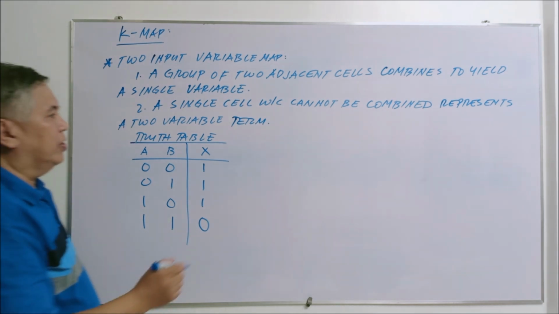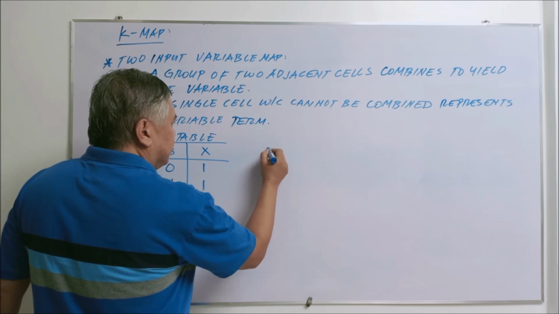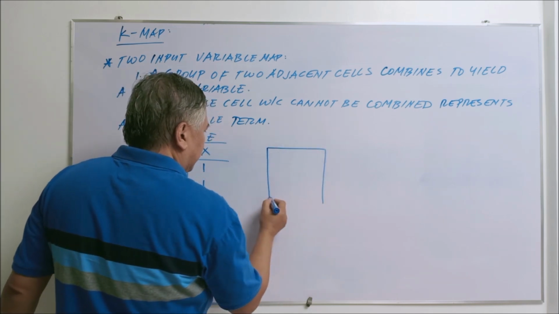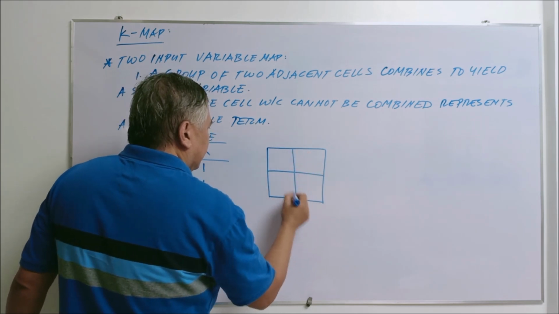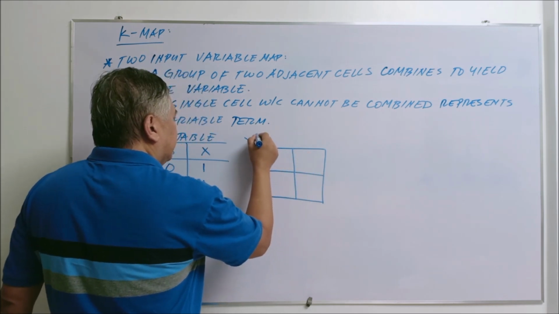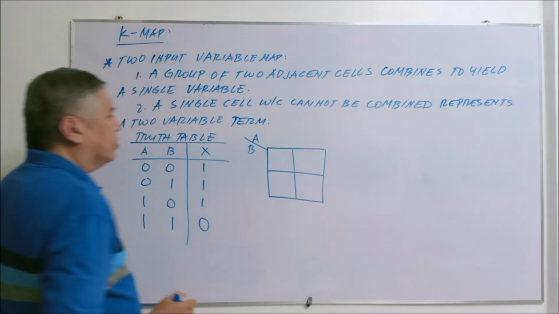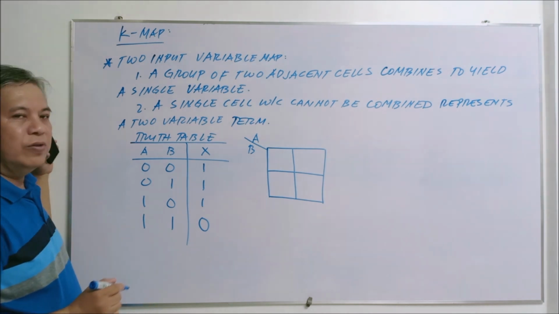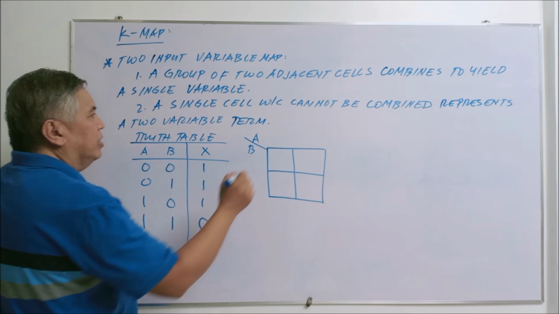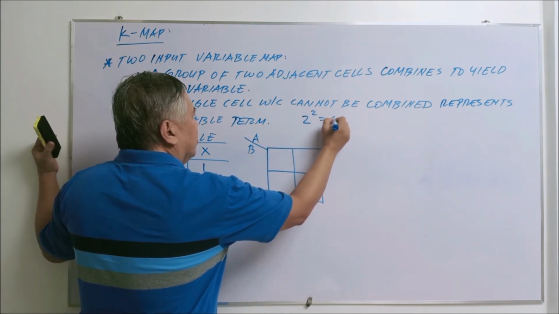Okay, so we draw a map. So we have 4 cells. Okay, so why 4 cells? Because we have 2 input variables. So 2 to the 2 is equal to 4.